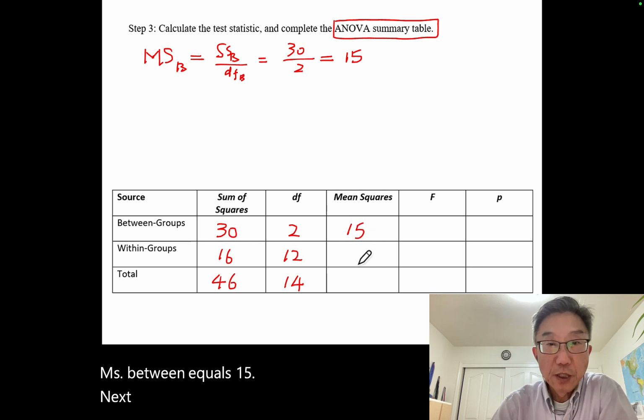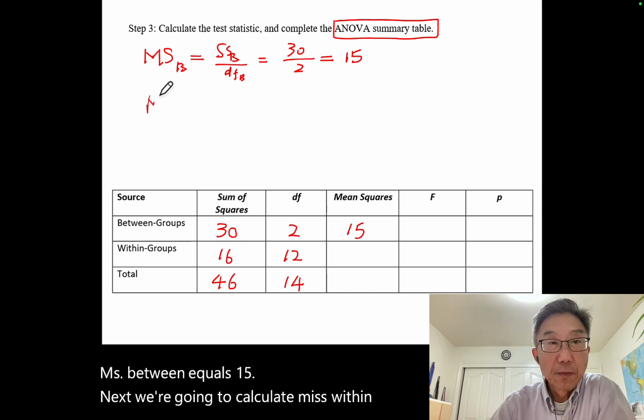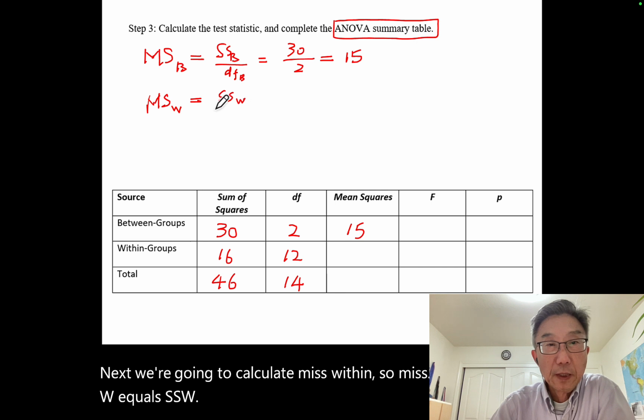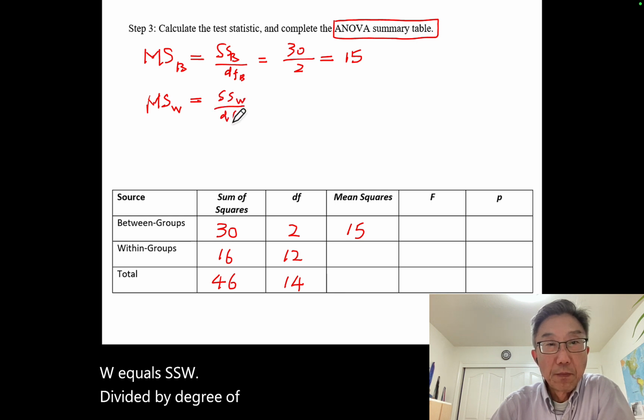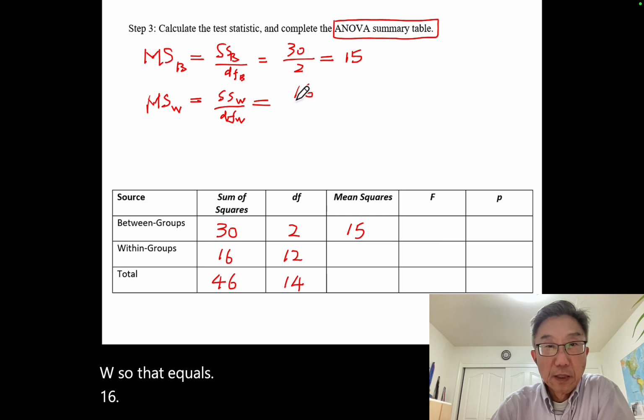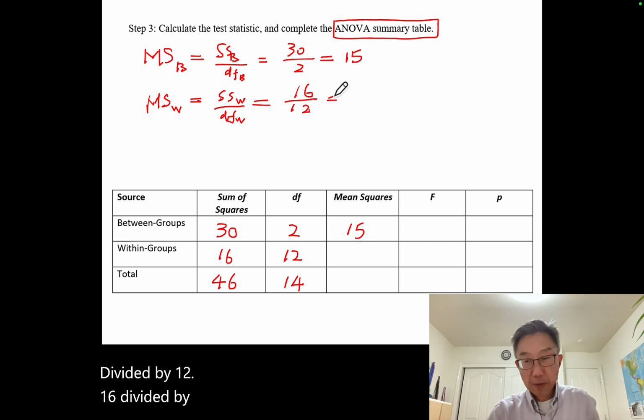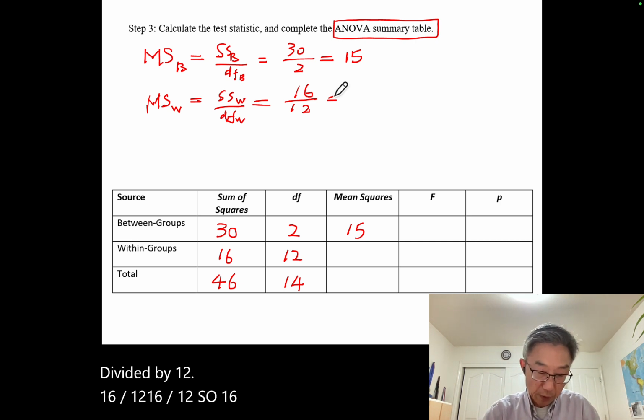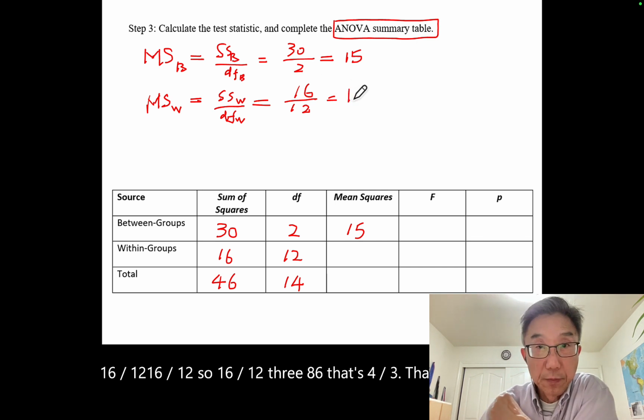Next, we're going to calculate MS within. So MS W equals SSW divided by degree of freedom W. So that equals 16 divided by 12, that's 4 over 3, that's 1.33.